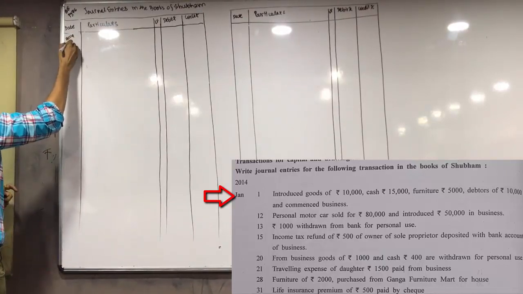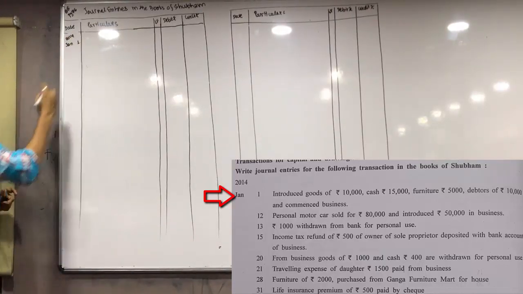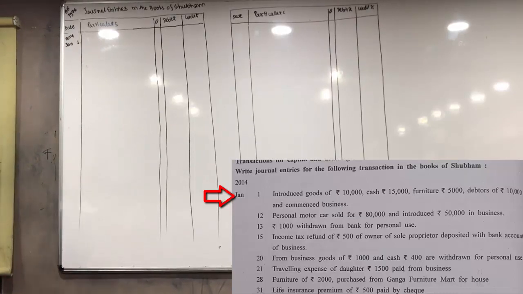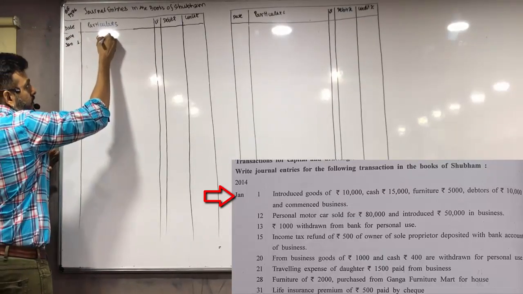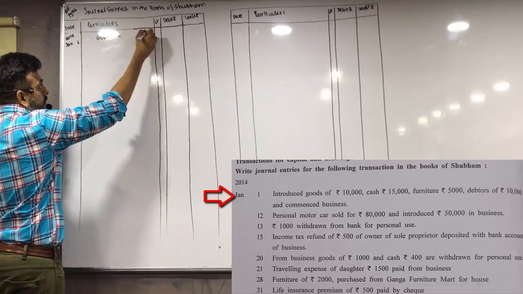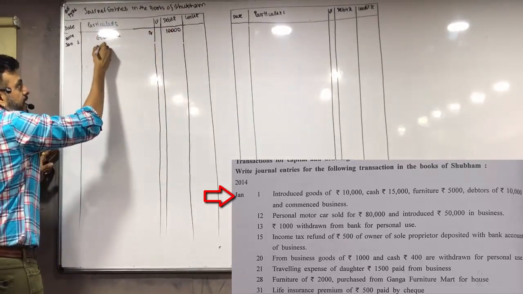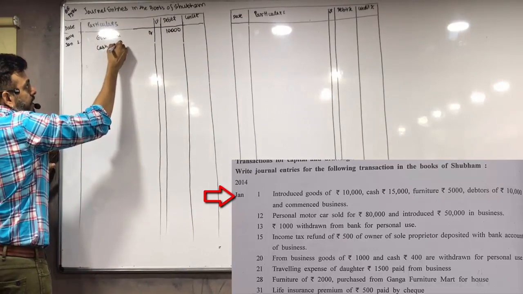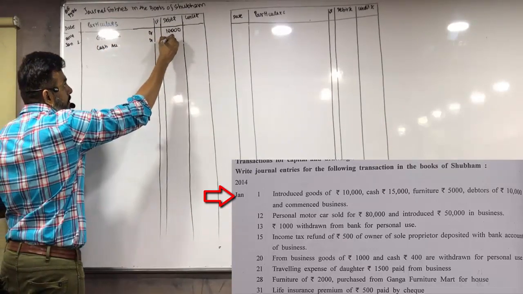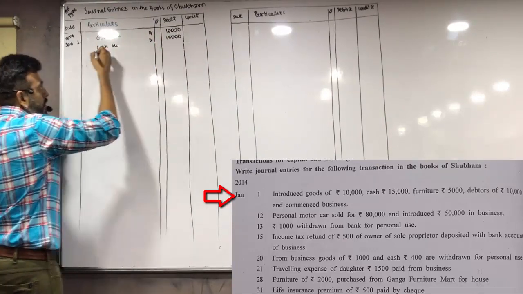2014 January 1. What comes in? Goods. So first we'll write goods account debit 10,000. What else? Cash. Cash comes in, cash account debit 15,000.